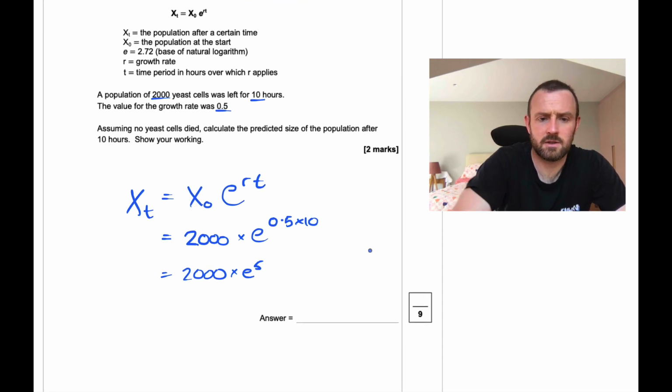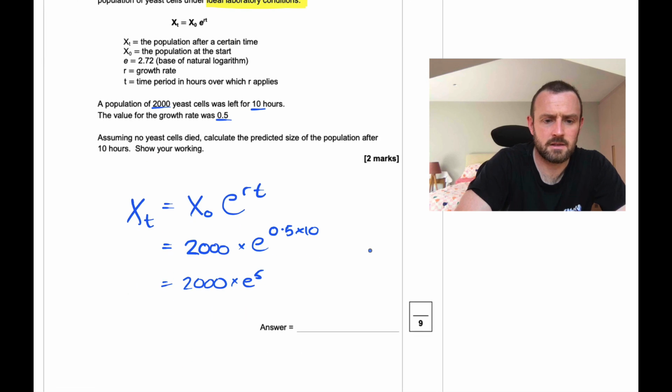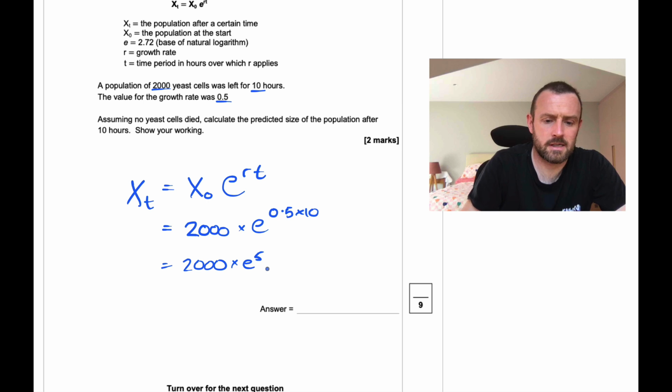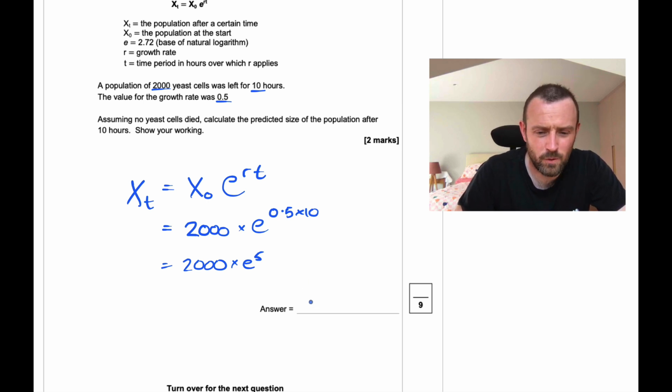It doesn't tell me to do it in standard form or anything like that, so I guess I'll write it in full. I might write both just to be safe. So I'd write 297,766, rounded up because it's 0.59, and then maybe I put in brackets here, I don't know, this is kind of insurance.